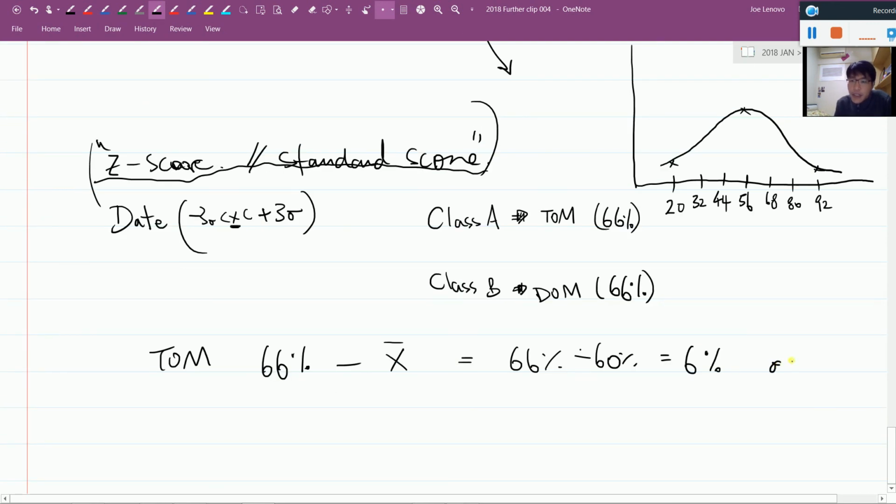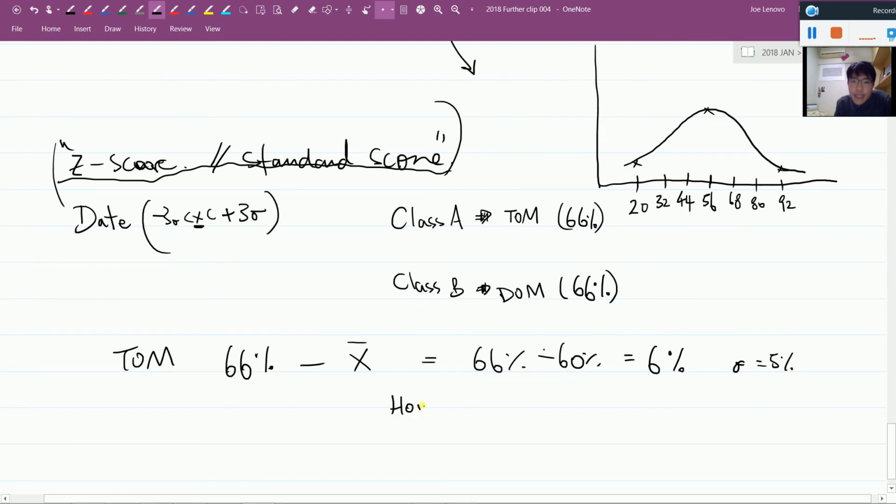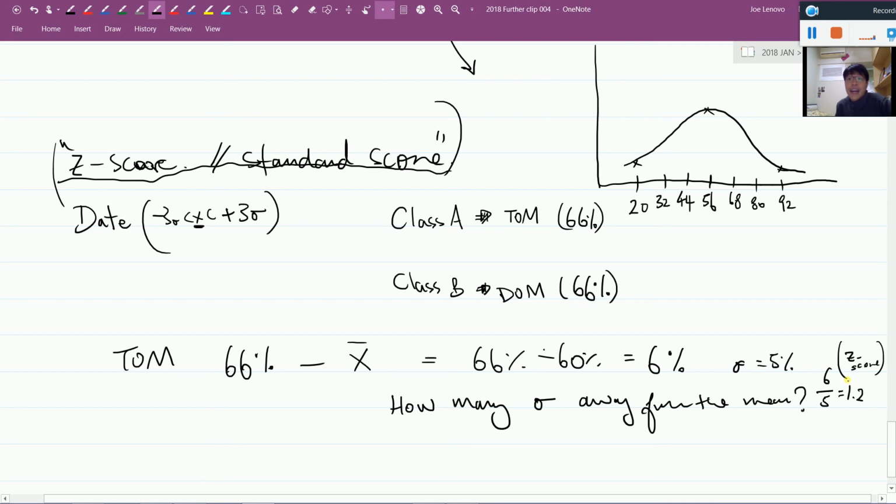As the standard deviation equals 5%, I want to ask myself how many standard deviations away from the mean. Which is 6% divided by 5, because each standard deviation is 5, is 1.2. That is the answer. And the set score would be 1.2. So we call this set score. We also call this standardized score.